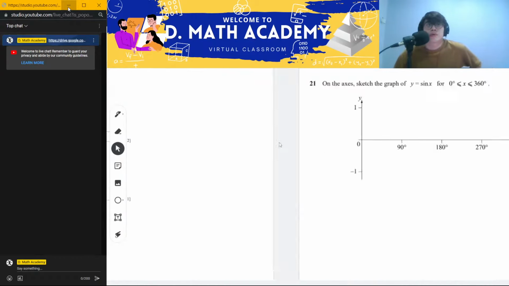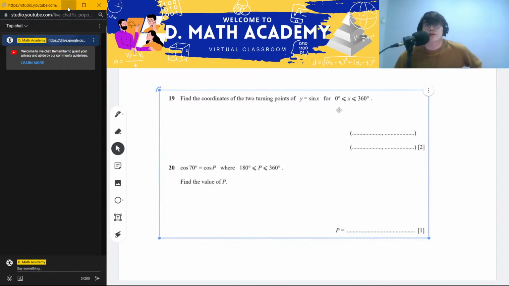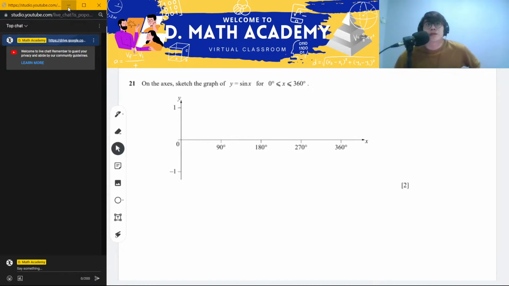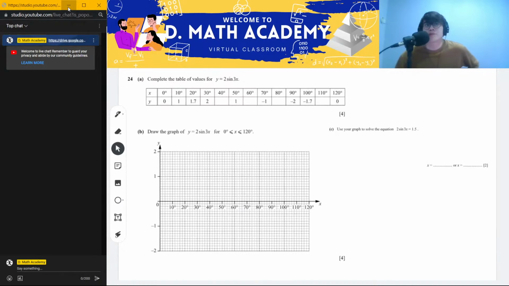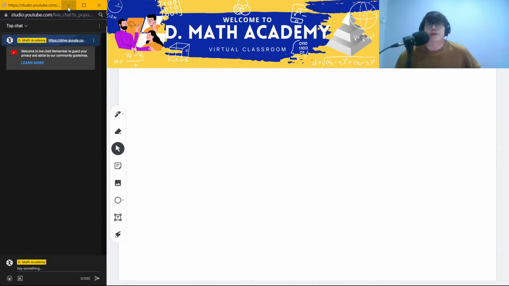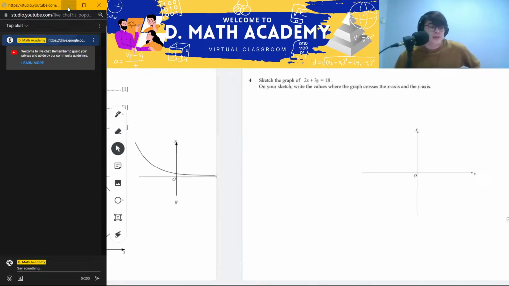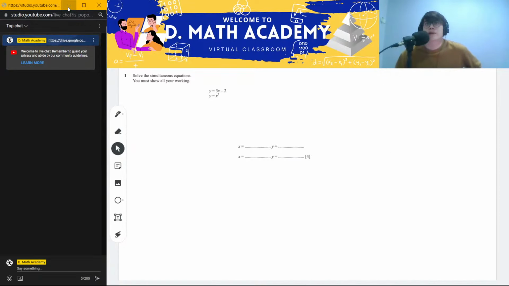Together with your quadrant, the newly added one, like a question like this, and then sketching out your sine, cosine, tangent graph, all this will be covered in today's live stream. These are the questions that I selected from the papers. There's a few more inside of it. If I have time, I will do those as well.